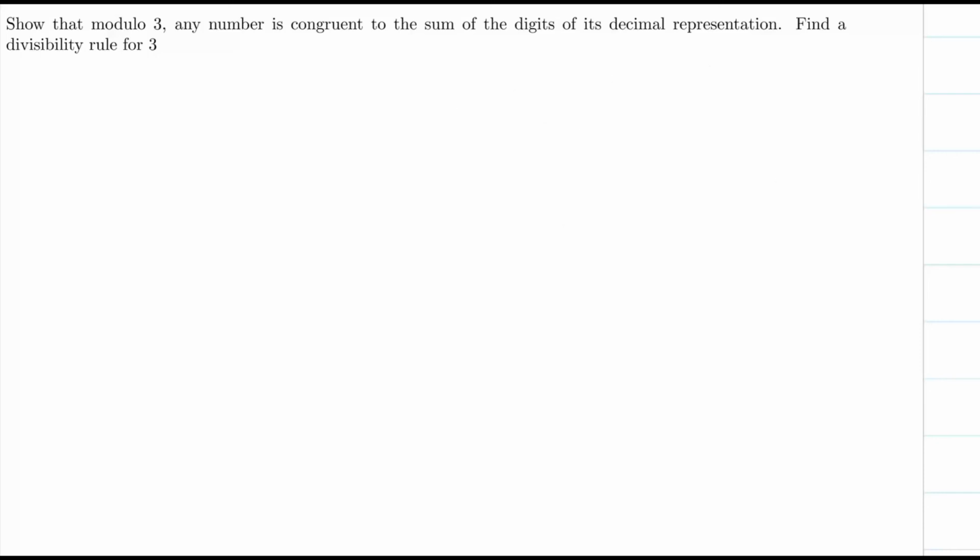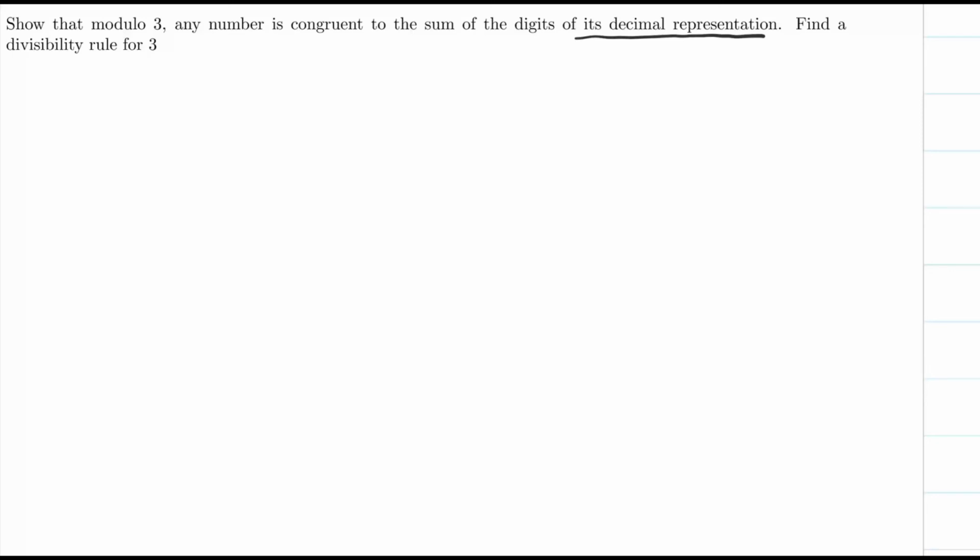Now the important thing here, we are taking the sum of the digits of the decimal representation of the number. So the number, we are writing it in base 10. And in this base, in this representation, we are summing the digits. If you are representing it in base 2, it doesn't work. So why is this true?